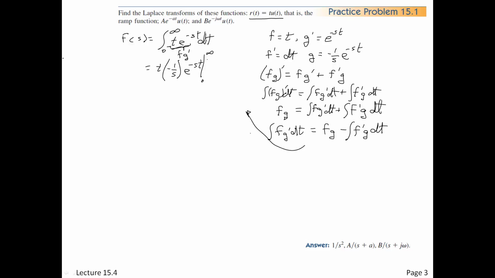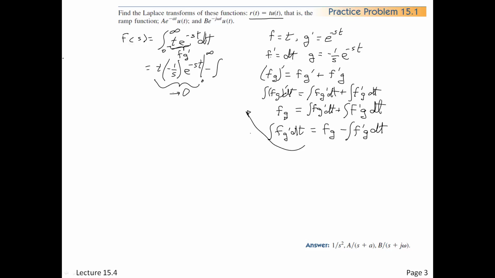If we just look at this, by the way, at infinity, this term is going to be 0, and at 0, this term is going to be 0, right? So this whole thing is probably going to be 0. But then we've got a second term going on here, which will be the integral of what?